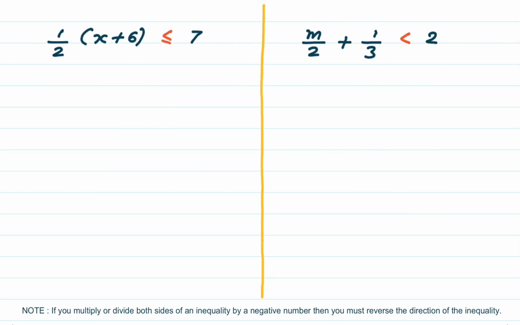Here in this question, I have a fraction 1 by 2. So the denominator is 2. I will multiply each side with the number 2, which will give me x plus 6 less than or equal to 14.